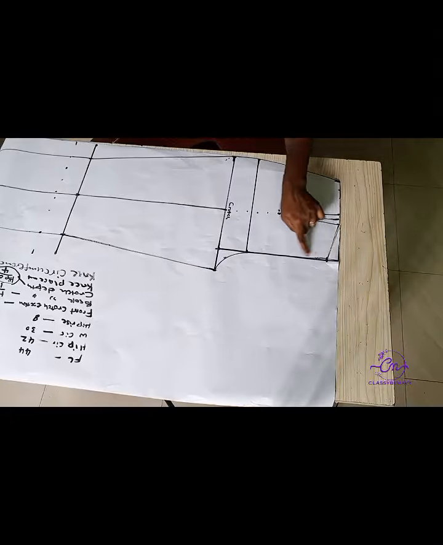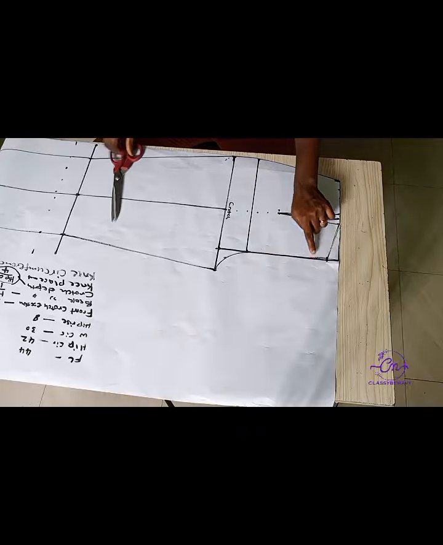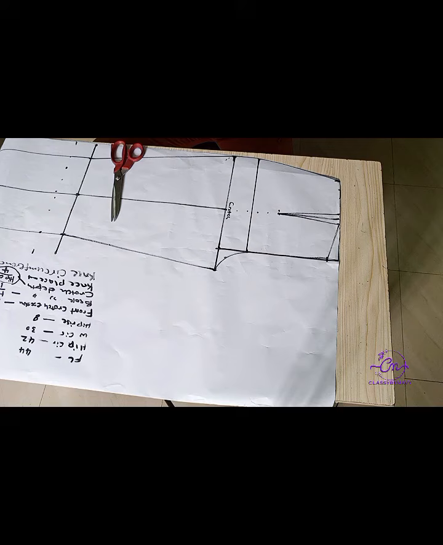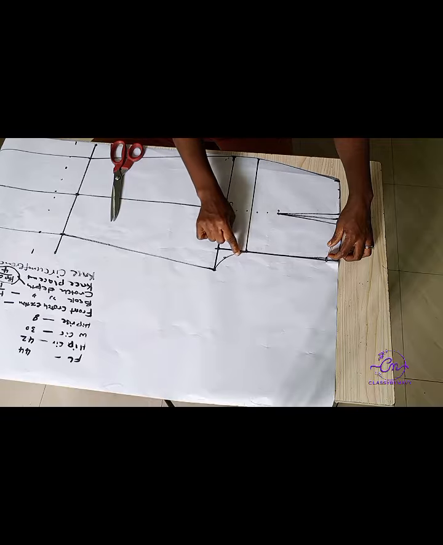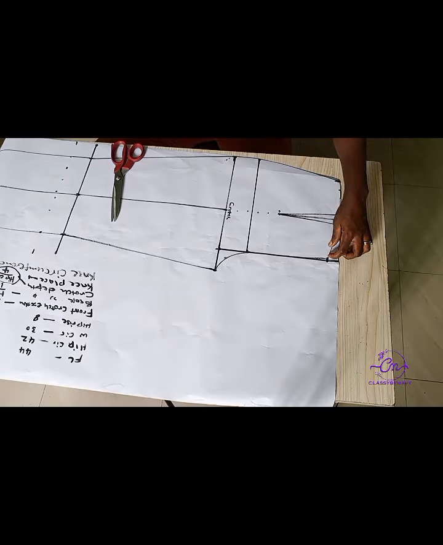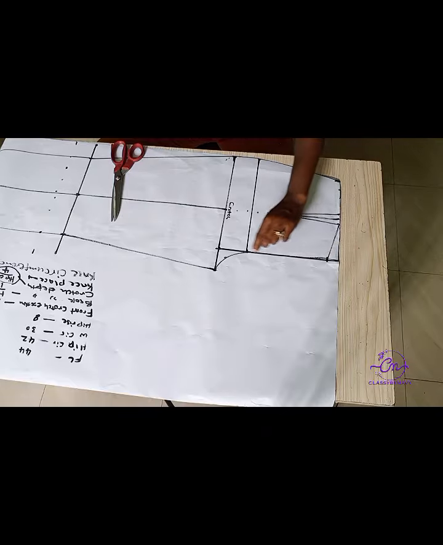I want to say something about this part before I move. Now, if you do not have a protruding stomach and your stomach is not so flat, you can just work with this. But if your stomach is very flat, you come in from here by 1/2 inch and link like this, okay? So that you get a perfectly fitted trouser.